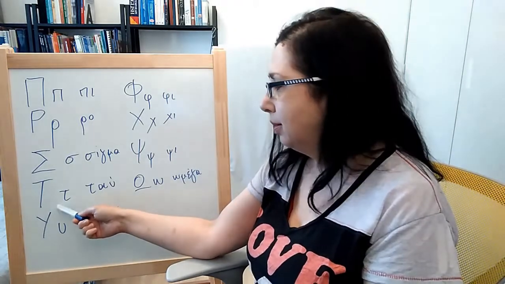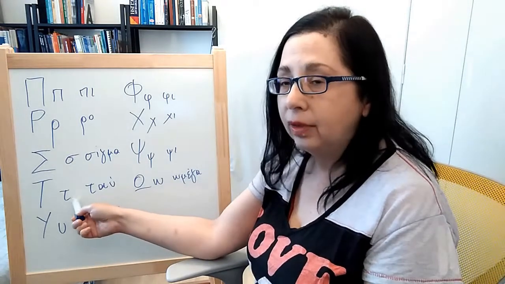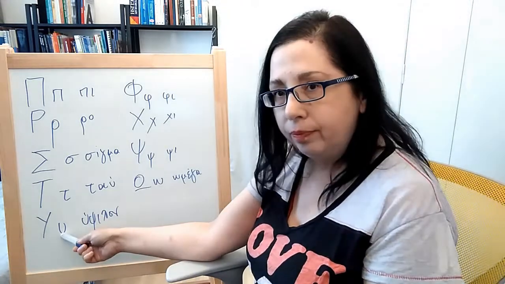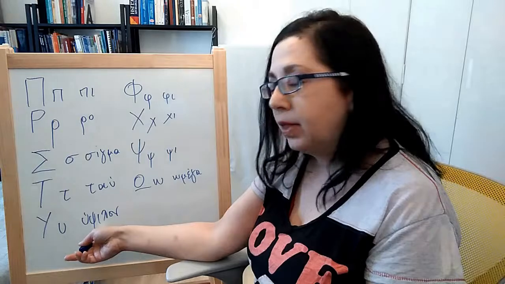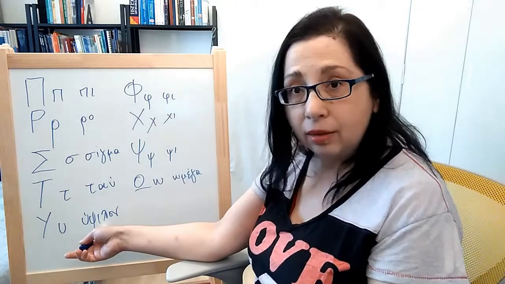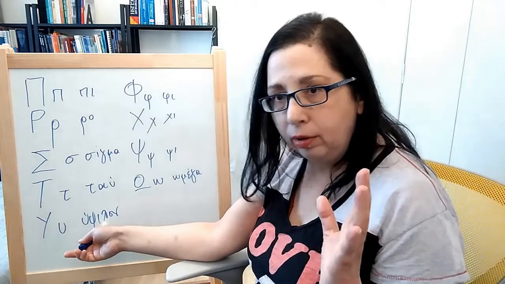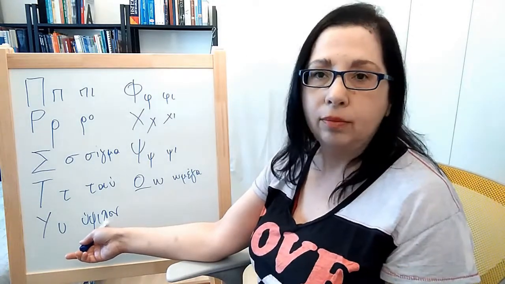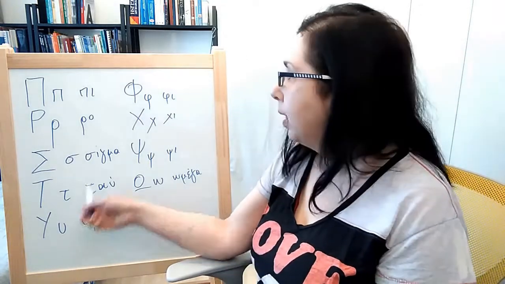T. This is tough, and the sound is T, T. Ypsilon. The sound is E. You remember that for all E we have in the Greek language, the sound is the same. It's E.